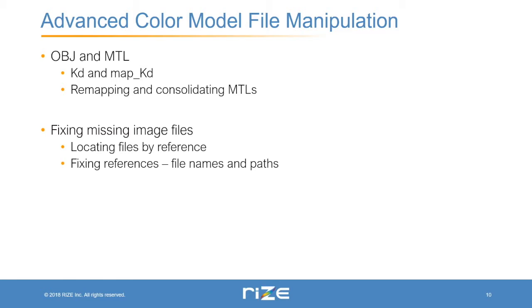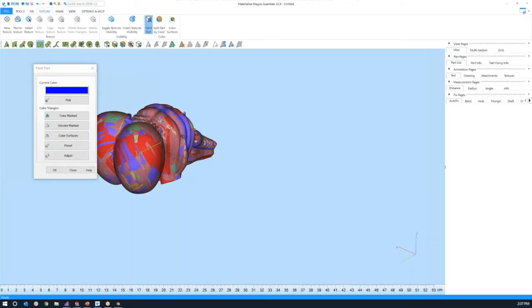The way you can solve that is by opening the OBJ and MTL files and checking through the references by using Control F MTL in the OBJ file. That will allow you to make sure that all of the images that you have included are named correctly and that there aren't any erroneous file paths. I'll show one more quick example of that if I can.